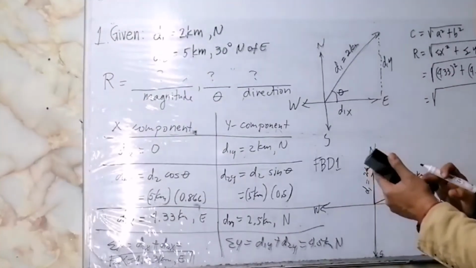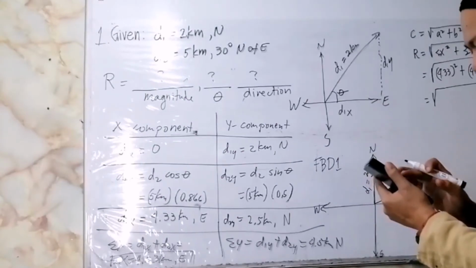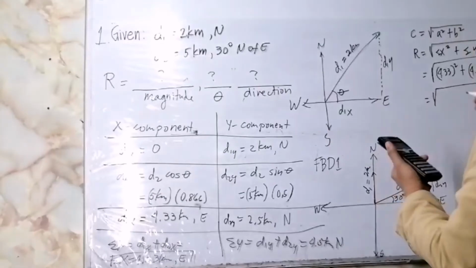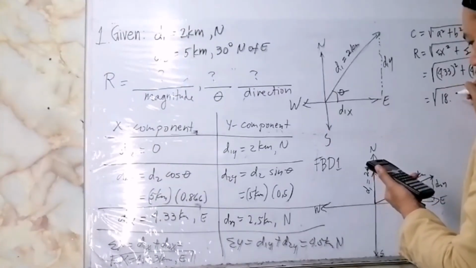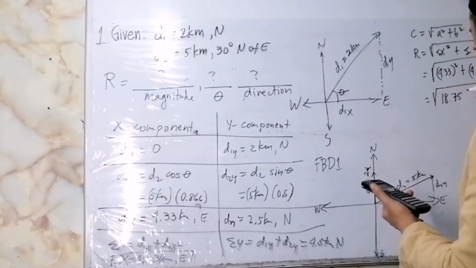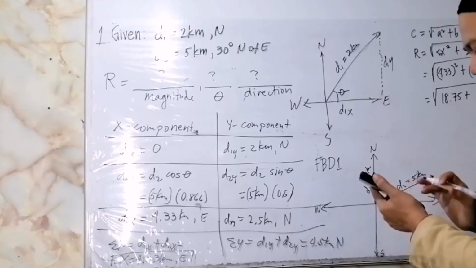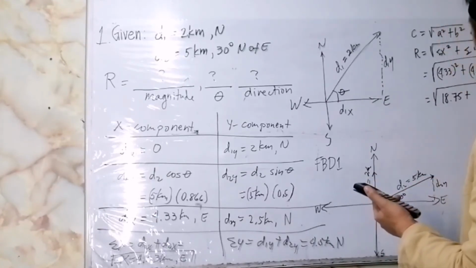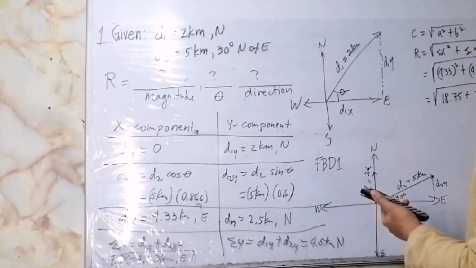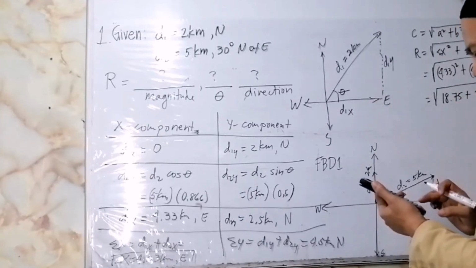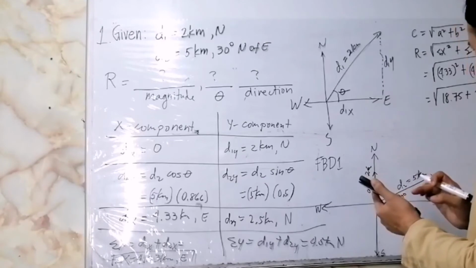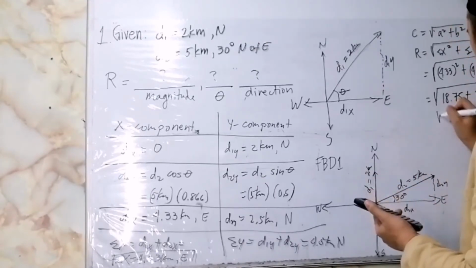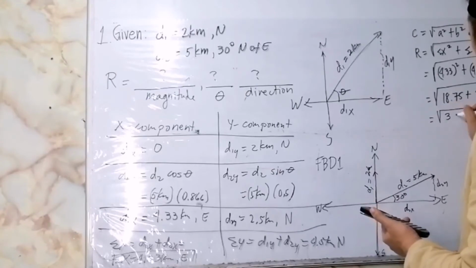So 4.33 squared. So you square it first. So we have 18.75 plus the 4.5 squared, so 20.25. So we add this plus 18.75. We have square root of 39.